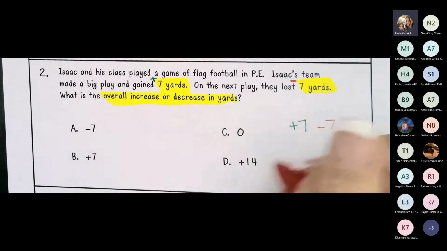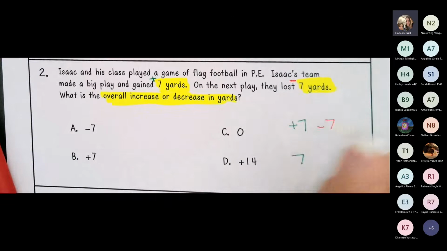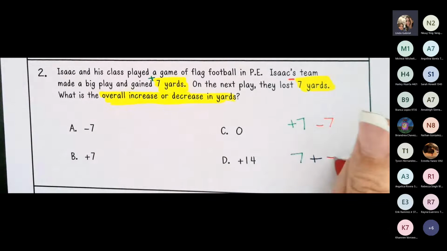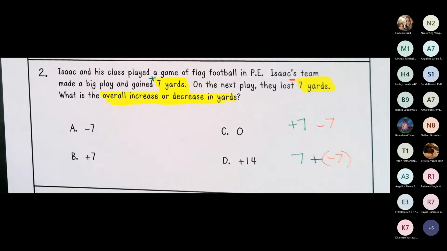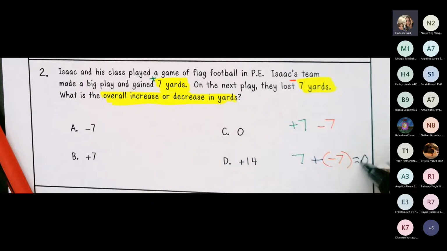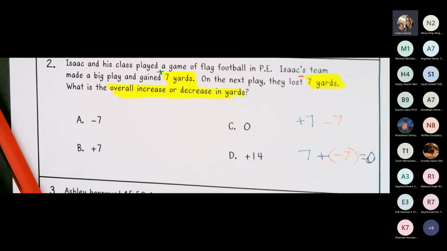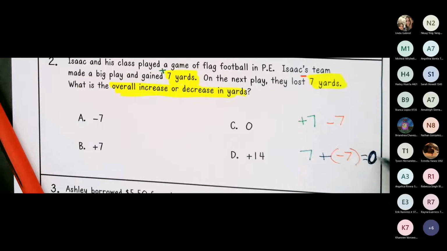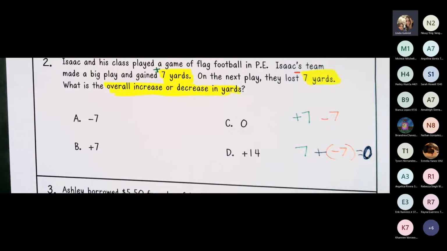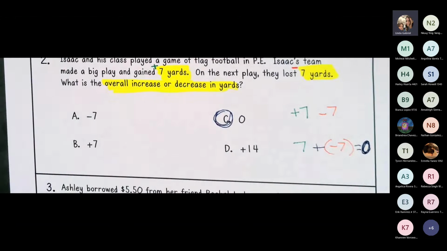So I'm going to take 7 and add -7. When I do that, +7 plus -7 is equal to 0, right? And we know if we add our additive inverse to the original number, it will always equal 0, right? So number 2 should be C.